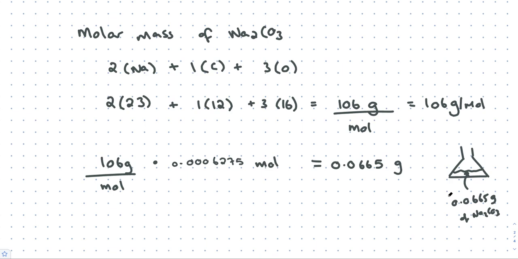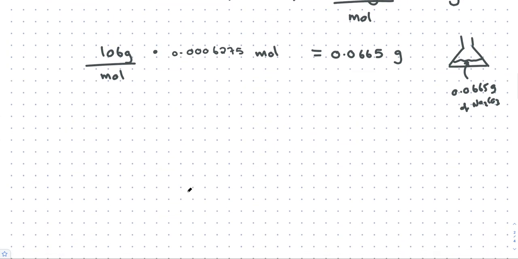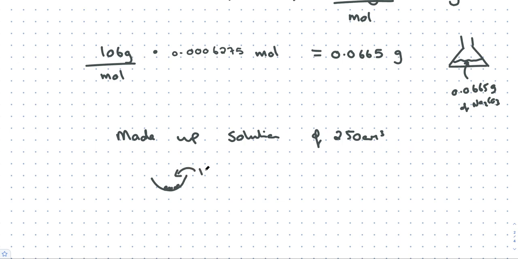But you might remember when we actually had to make up the solution with the washing crystals, it wasn't the same amount as was in the conical flask, because you actually made up more. You made up a solution of 250 centimeters cubed. When you weighed out at the start on your clock glass, you had 1.57 grams, I believe.